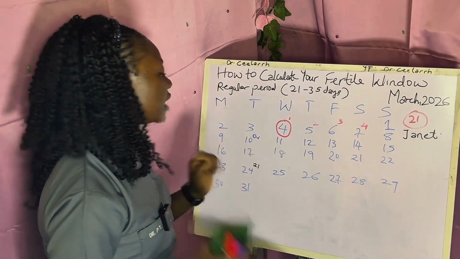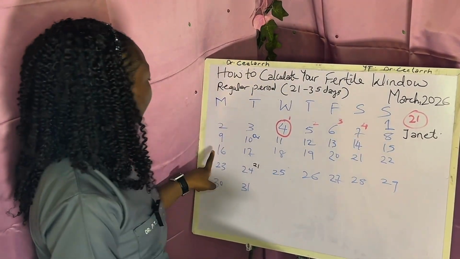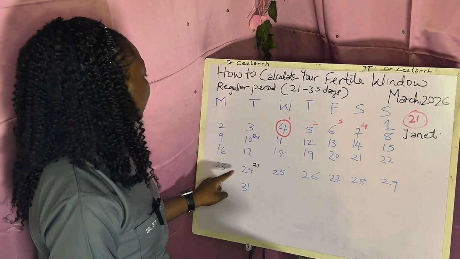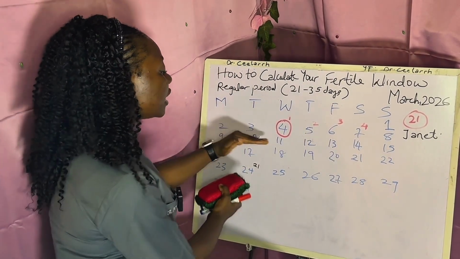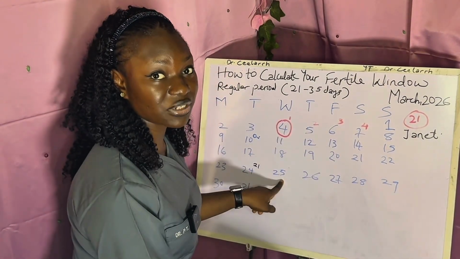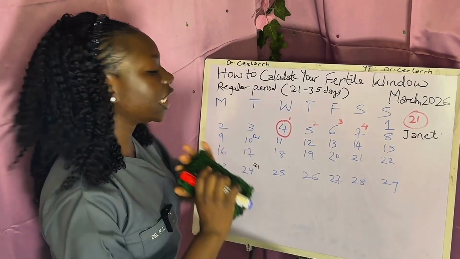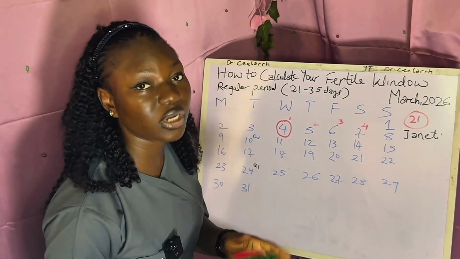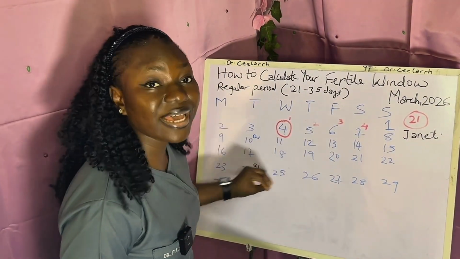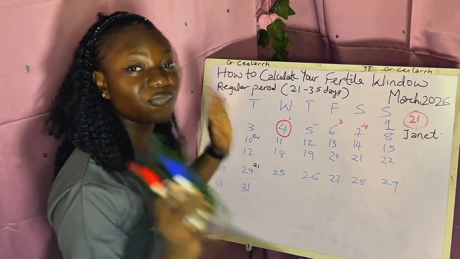Let's count and see how many days we have. 1, 2, 3, 4, 5, 6, 7, 8, 9, 10, 11, 12, 13, and 14. So we have 14 complete days before this 25th, which is the beginning of the next menstrual cycle. Do we understand? So that is just for you to understand. But in order to avoid confusion, just take it that it is your cycle length, whether it's 21, 22, or whatever, minus 14.